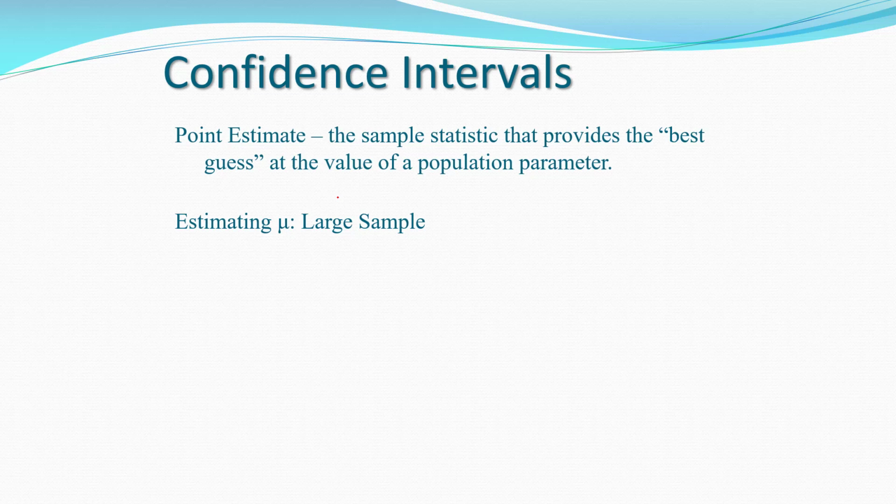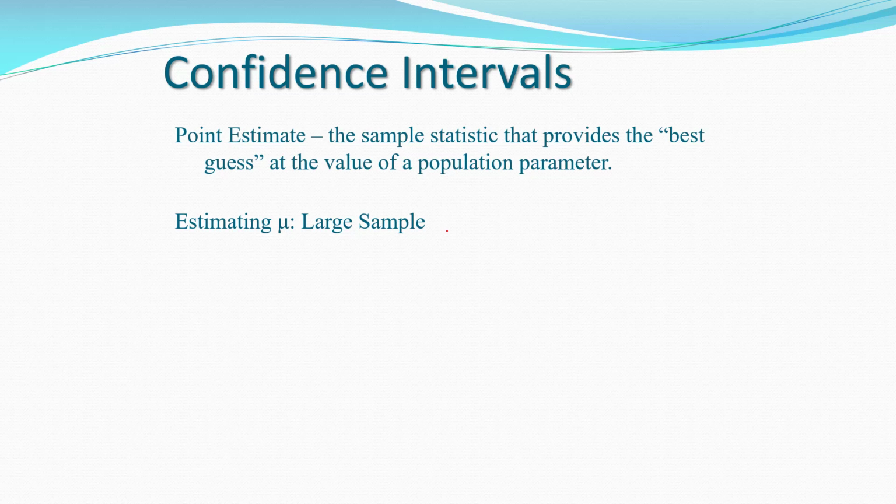So what we want to do here is estimate mu. In today's discussion, I'm going to talk about working with a large sample. For our purposes, we've talked about how a large sample, when you're working with a population mean and working with the sampling distribution of X bar, is a sample of size 30 or more. Now, the caveat, the big caution is there are lots of sample size criteria.